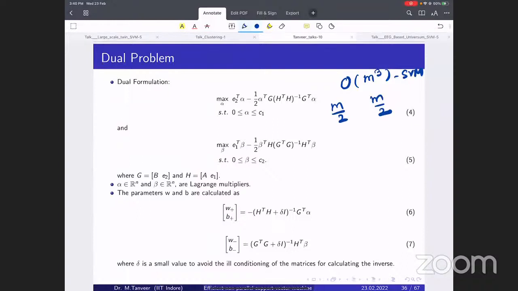So if I compare, this is M cube, and this is 2 times M by 2 cubed, for one QPP and another QPP. So this is roughly 4 times faster than standard SVM. Any doubts so far?